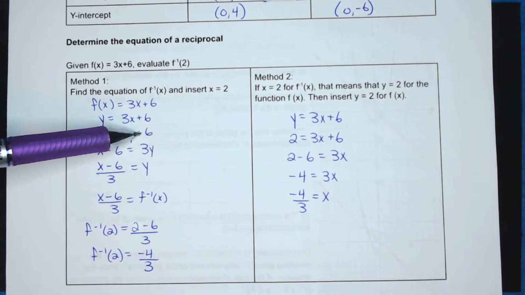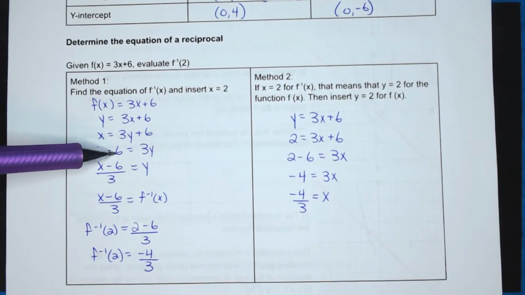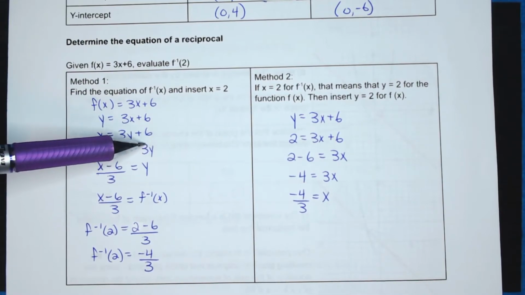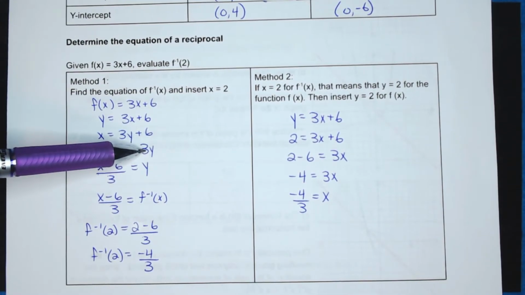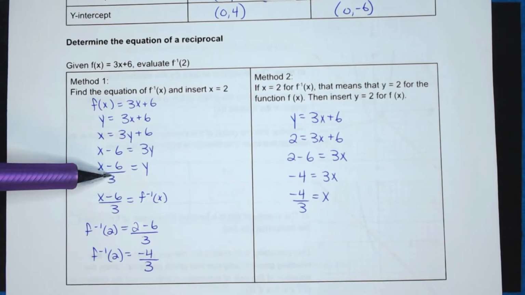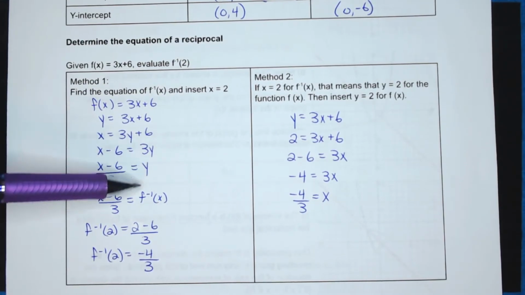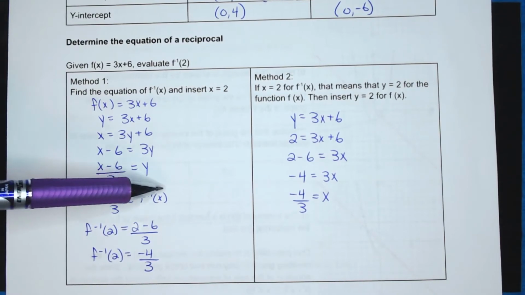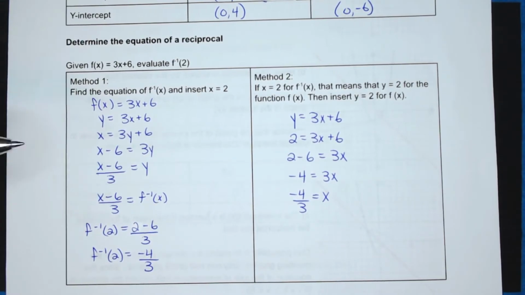So we have plus 6 on this side. We're going to subtract 6 to move it to the left-hand side of the equal sign. And then we have 3 times y here. We'll just divide both sides by 3 to give us x minus 6 over 3 equals y. And that's the equation of our inverse function.